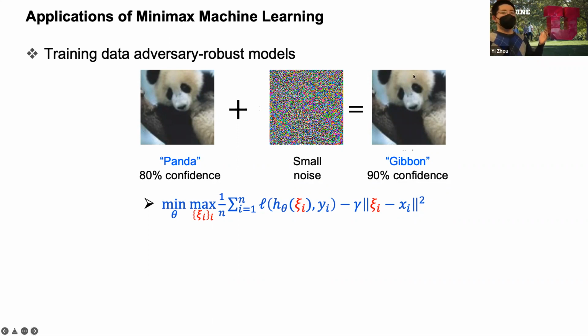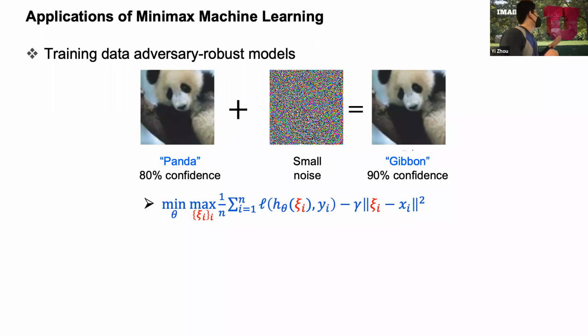However, if you input this image to the deep learning model, it will give a completely different output with high confidence. So this is the adversarial issue for neural networks.